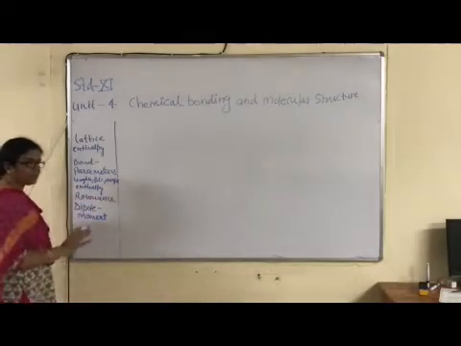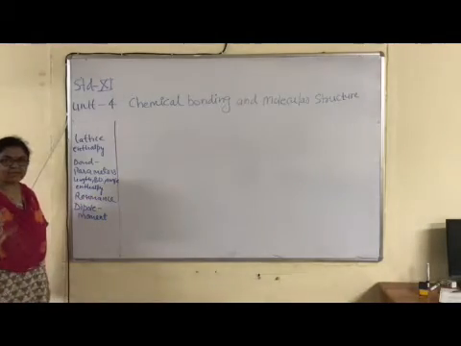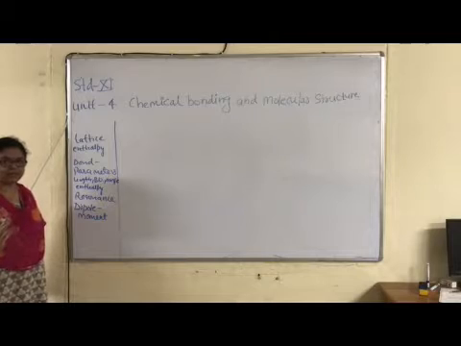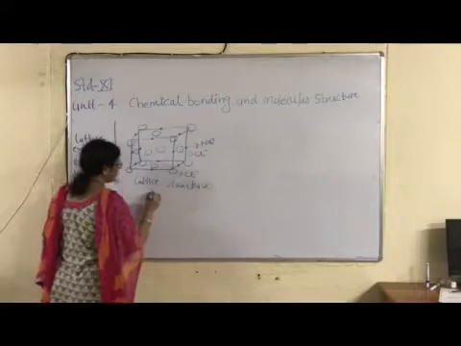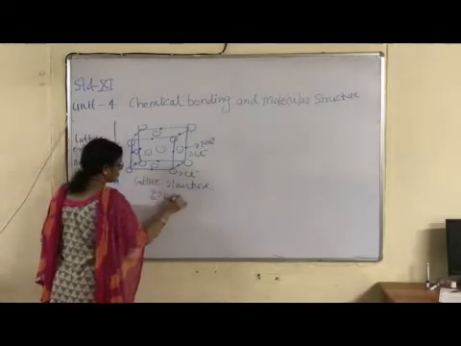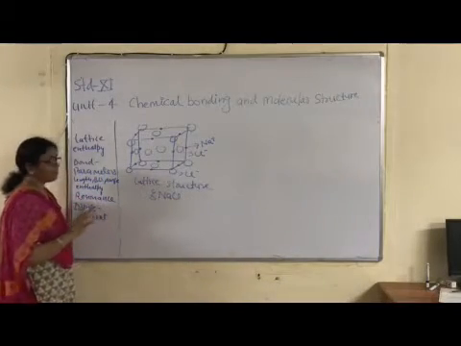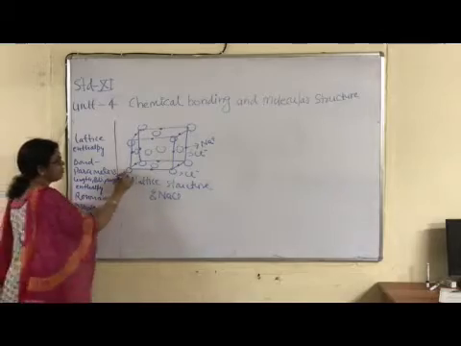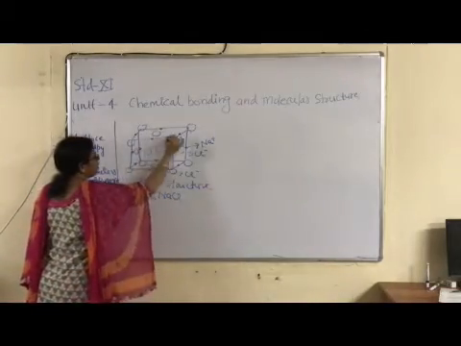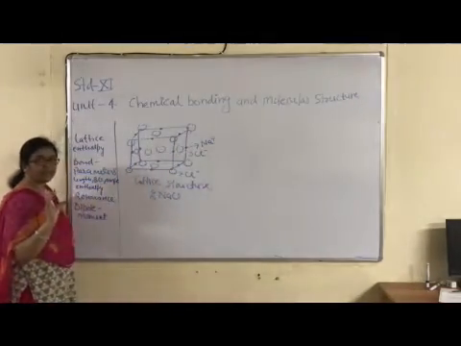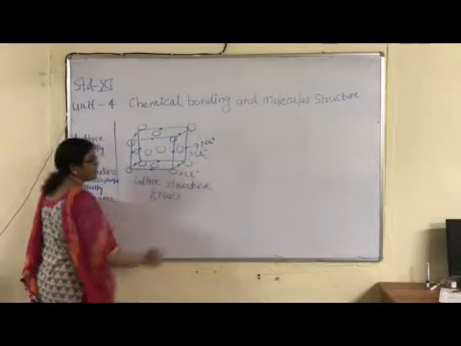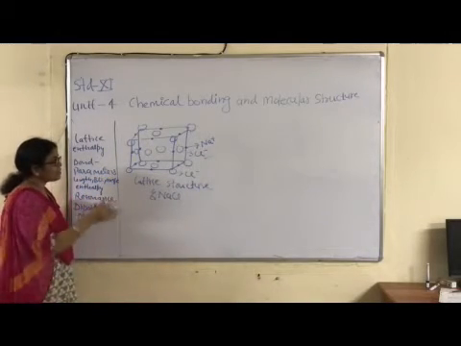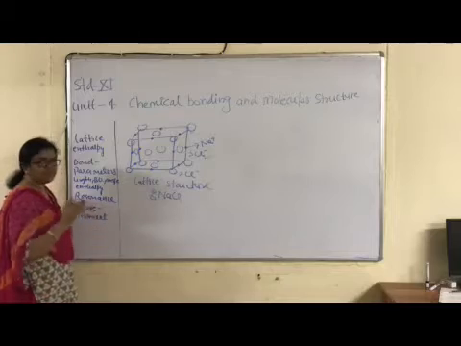What is the arrangement of chloride ions and sodium ions in the NaCl structure? This is the three-dimensional structure of sodium chloride. Specific feature of this structure: 8 corners are occupied by the big size anion, which is the chloride ion, right? And the center of each edge.